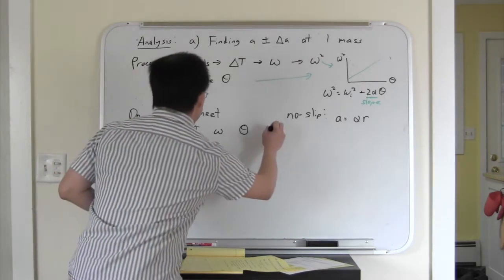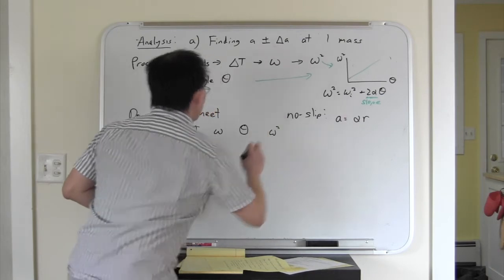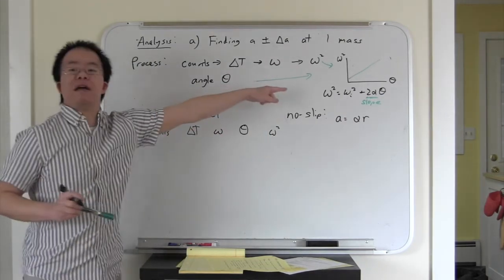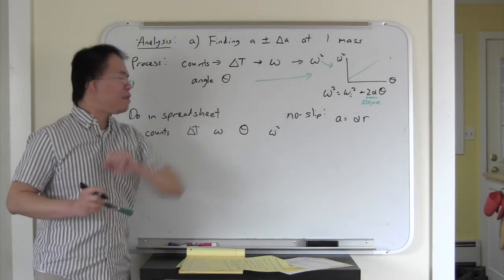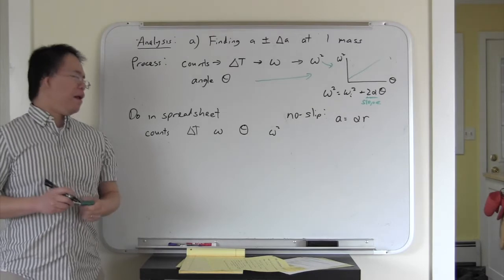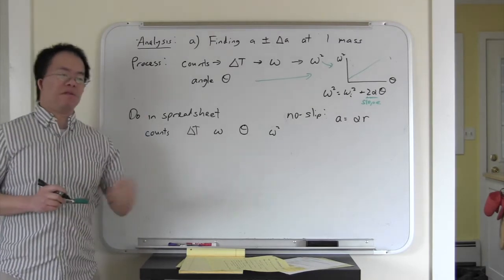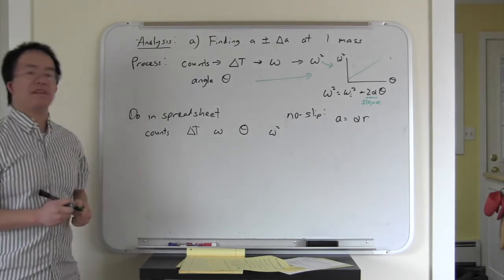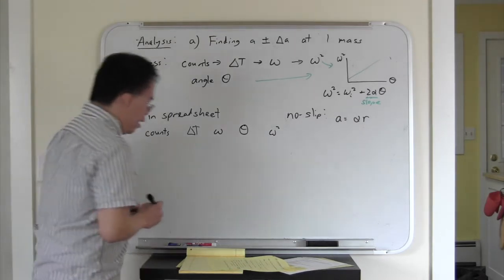Then you'll have a column for your omega squared, and then if you have all of these columns, you can construct a graph like that and get the slope. I'll show you some of that in the Excel part in the second part of today's class video.